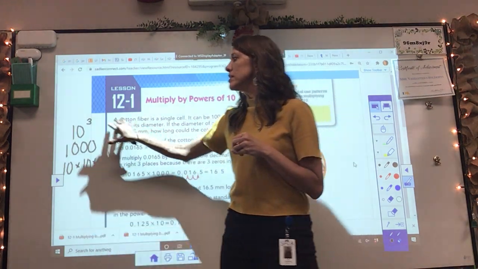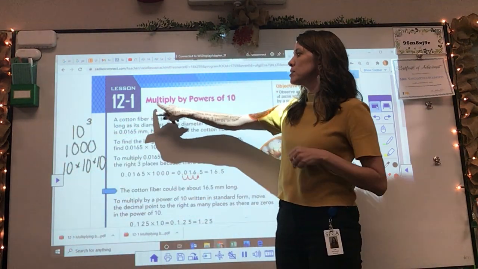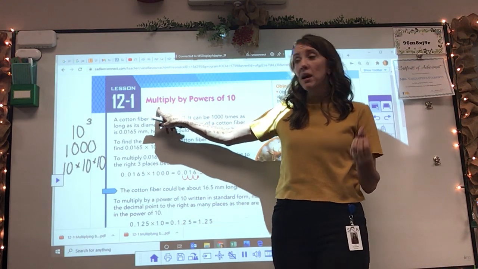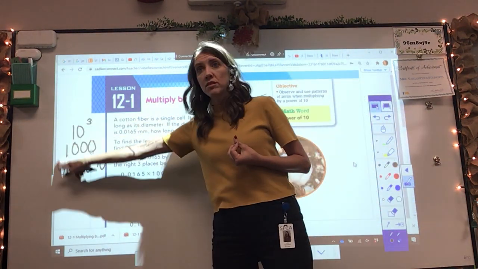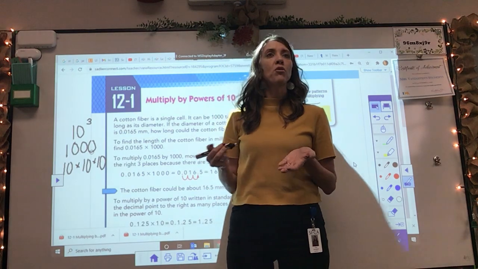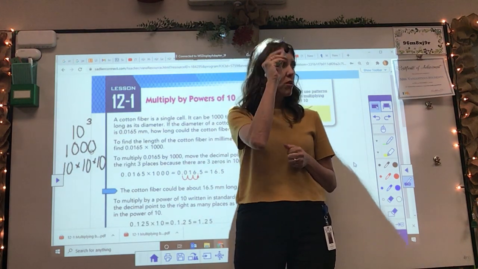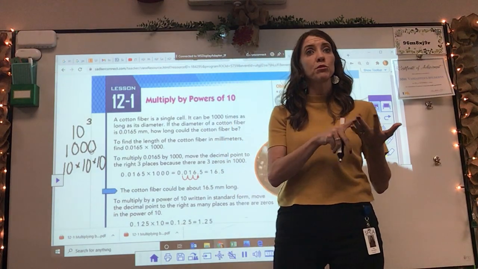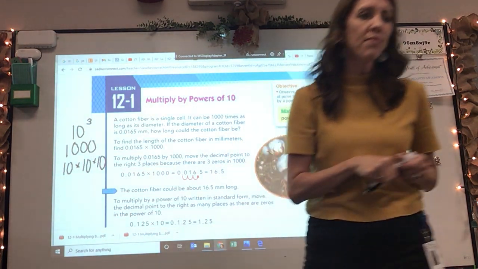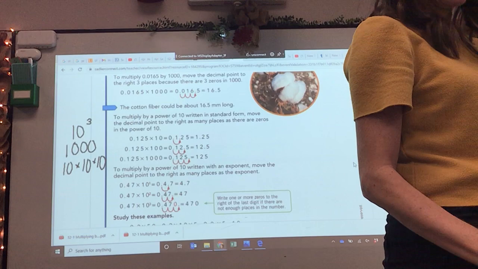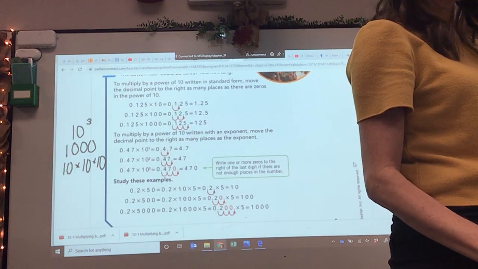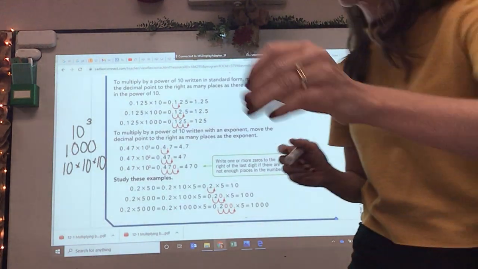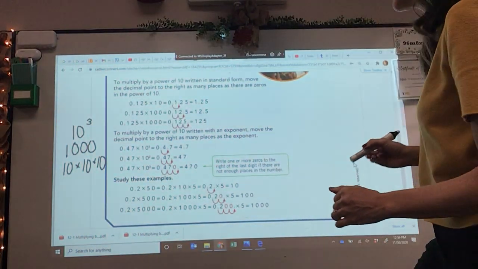Good. We're going to take that, and this is multiplying decimals by powers of 10. There's a trick. You don't need to actually do multiplication and do all the zeros and all the calculating. There's a trick to multiplying and dividing decimals by powers of 10. Let's look at the rule first, right on top here.